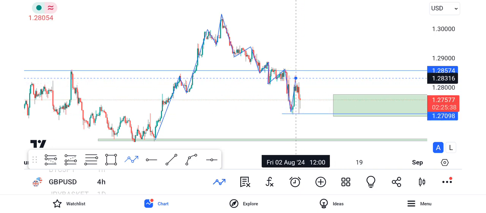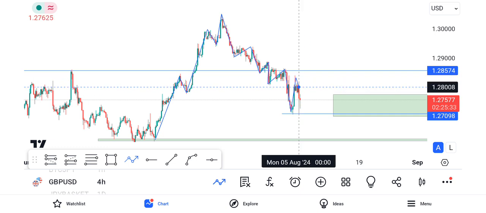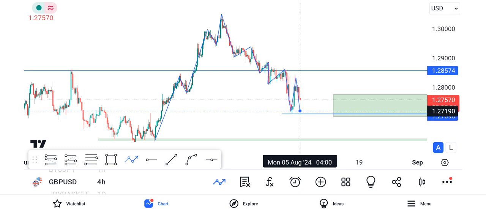So currently at this lower high, and at this point I missed a trade, and it's fine, it's totally fine, but it's currently at this point.